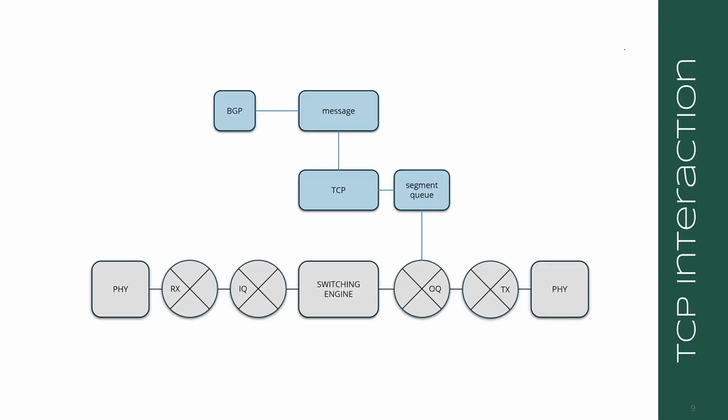Now, another thing to think about is that when I build these messages from a BGP perspective, I'm going to build a message, and then that message is going to be sent through a socket to TCP on the local network stack. Well, TCP is going to send that to a segment queue internally, and it's going to wait until the segment fills up or there's some timer that fires that will fill the window.